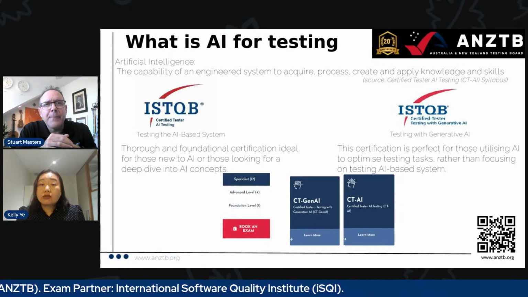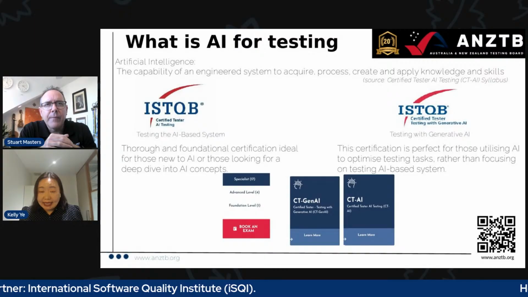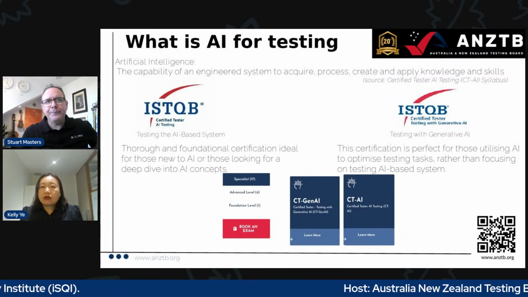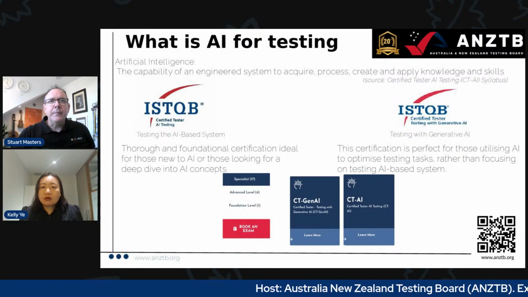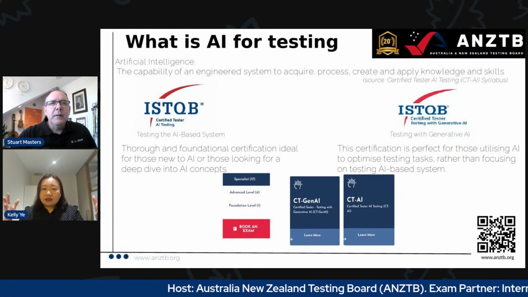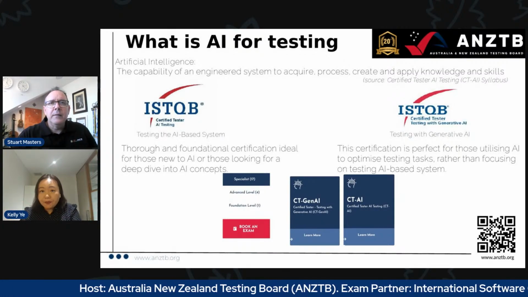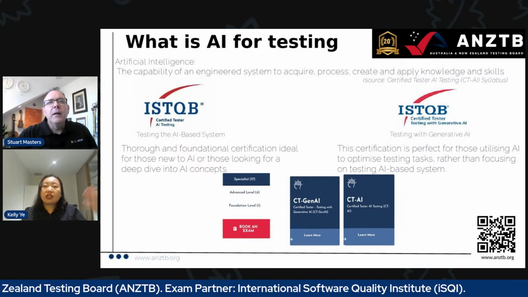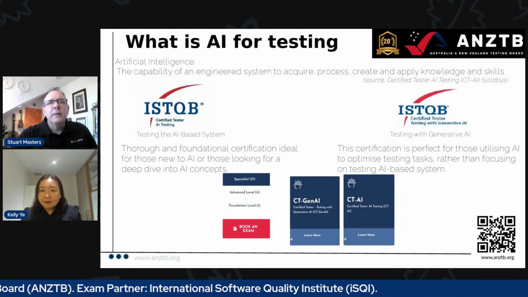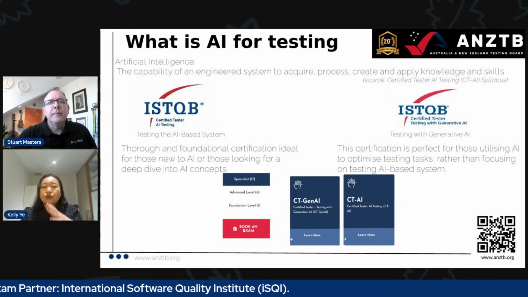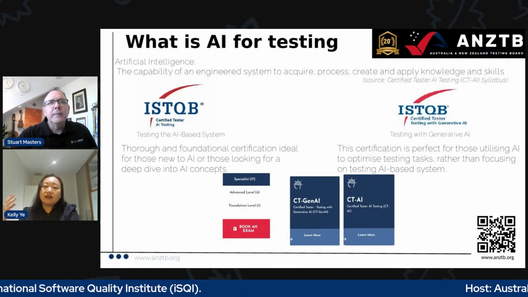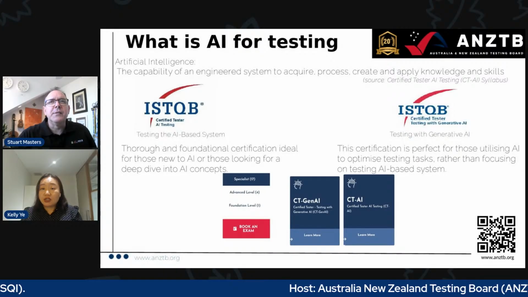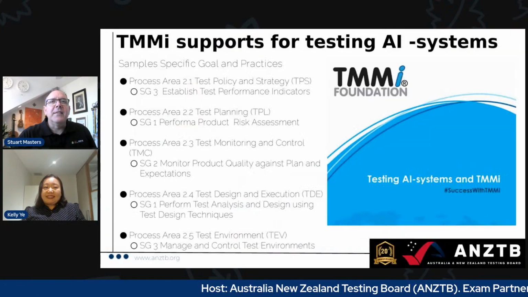One is you are going to build your internal AI, and you need to test whether it meets your special requirements or whether you think this AI tool is ready for sale. And the other, generative AI, is like when we use ChatGPT, Copilot, this kind of tool to help speed up your testing activities, like creating automation scripts.